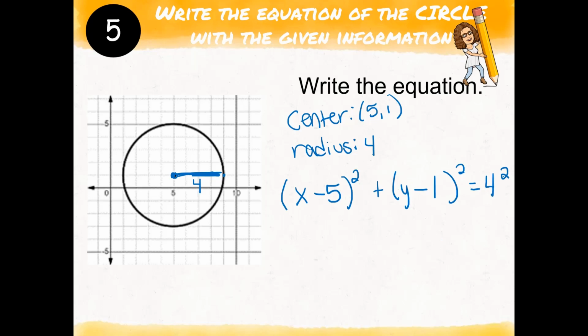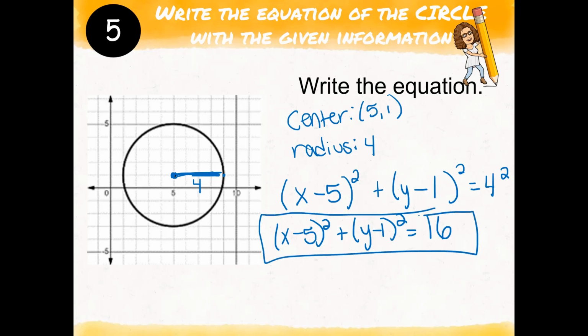So in our case, 4 squared, which is 16. This is the equation of that graph over there. Pretty simple, right? Once you find the center and the radius, it's pretty easy.